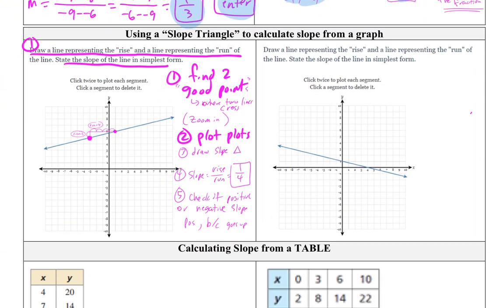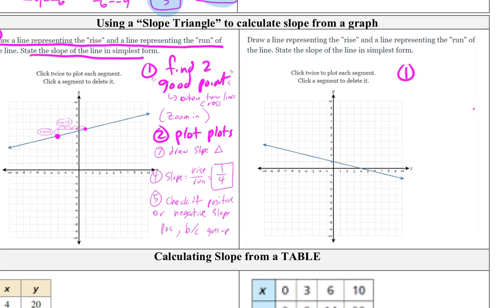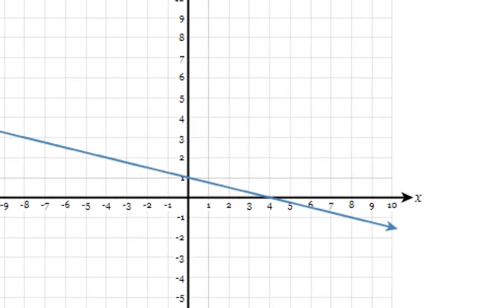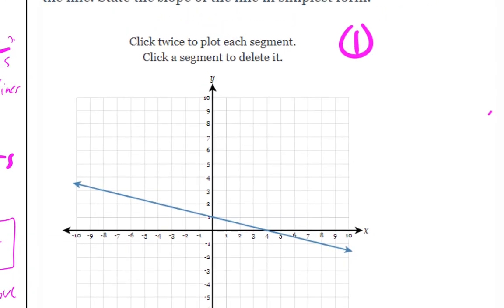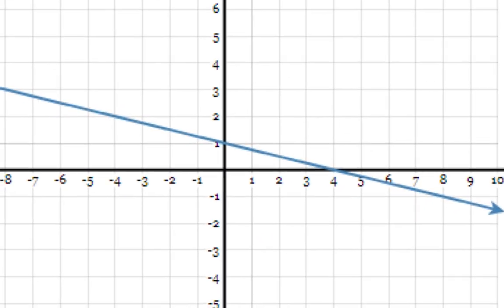This is the same thing. First step, we're going to find two good points. What I like to do is look at the x and y axis first. If we look right over here, that is a good point. That's our x-axis.